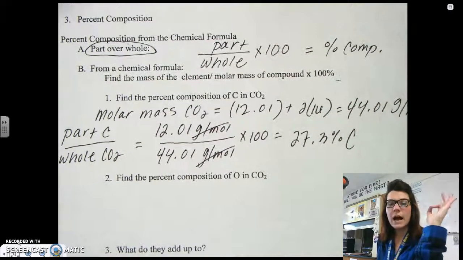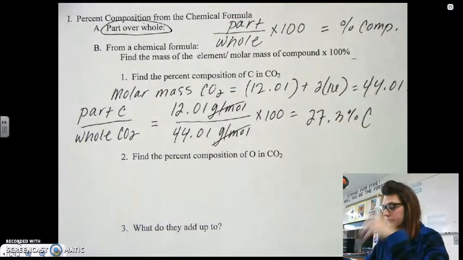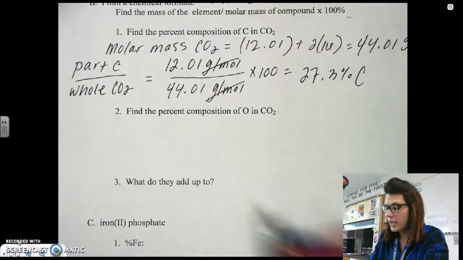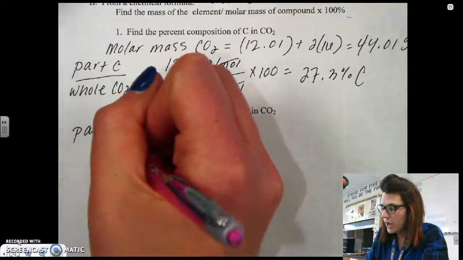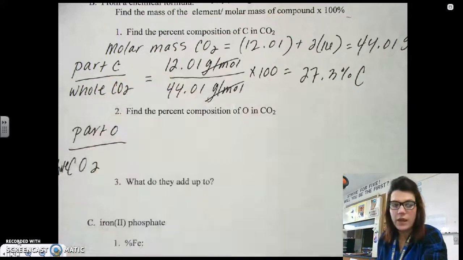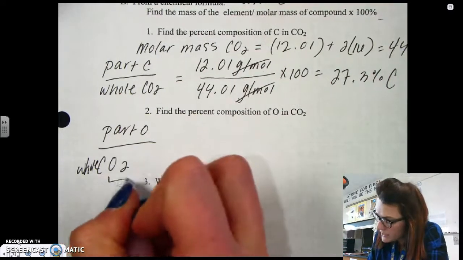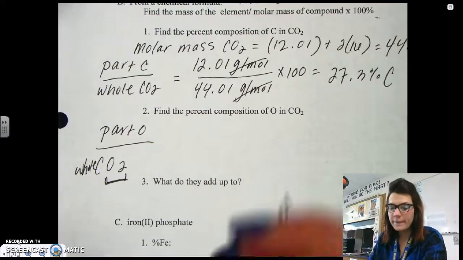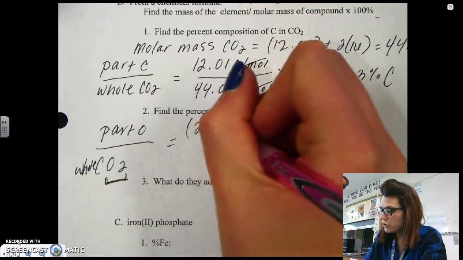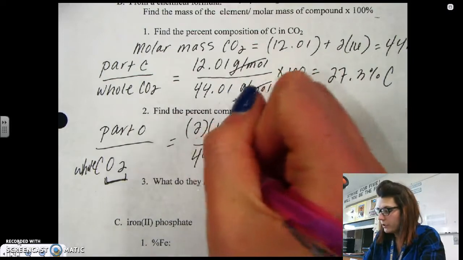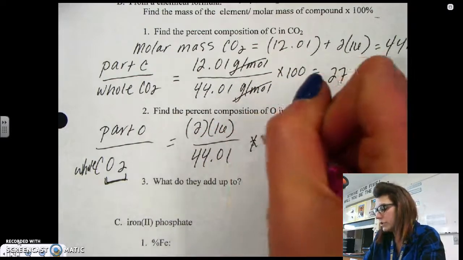So carbon makes up 27.3% of CO2. Okay, now let's do oxygen. I'm using the same whole here, 44.01, except this time I have part oxygen over whole CO2. Now it's important to note here, this time my part has 2 oxygens in it. So for my part, I'm going to say 2 times 16 divided by the 44.01 times 100.